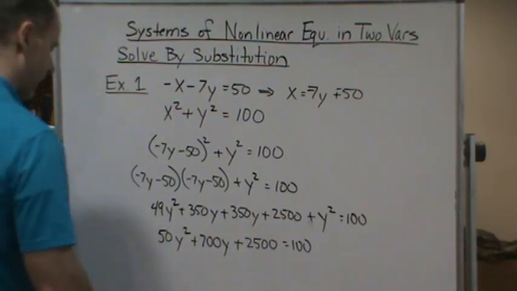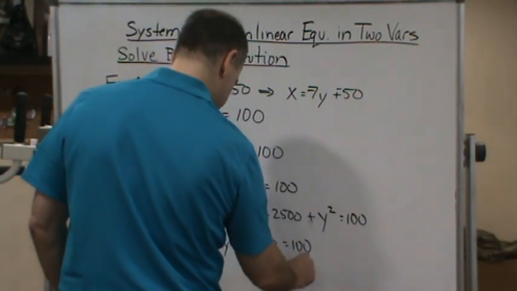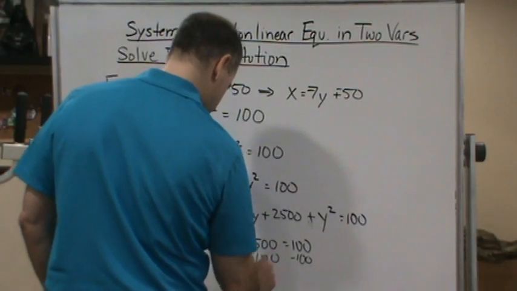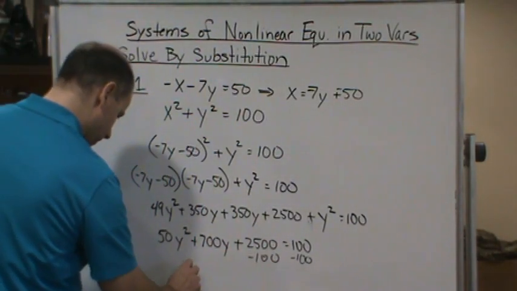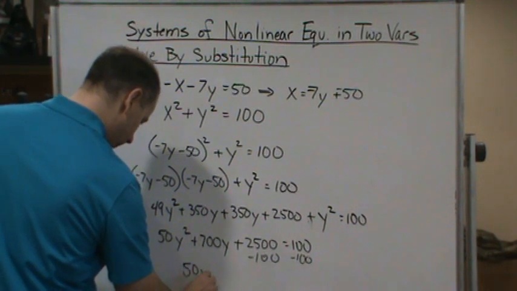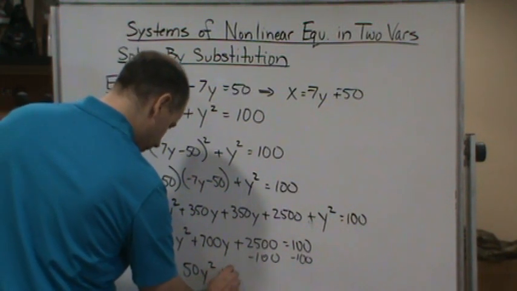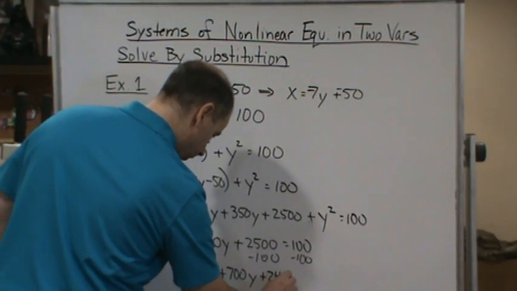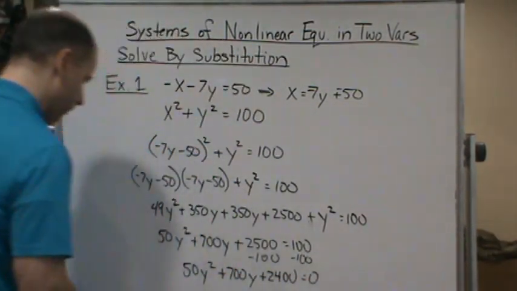And then of course if I subtract 100 from both sides, my final expression is going to be 50y squared plus 700y plus 2400 equals 0.